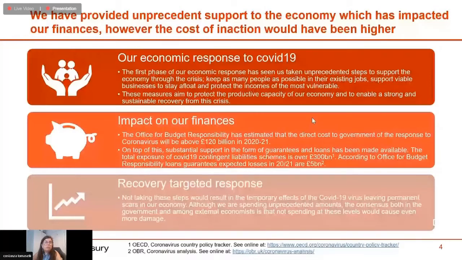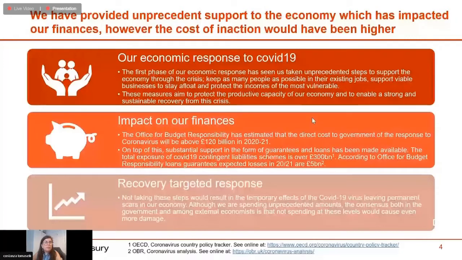So our economic response to COVID-19 has been quite focused on making sure the economy survives through the crisis, keeping as many people as possible in their existing jobs, supporting viable businesses, and protecting the income of the most vulnerable. And then we wanted to ensure that the productive capacity of our economy is still quite strong and enable a quite swift recovery, as much as we can.